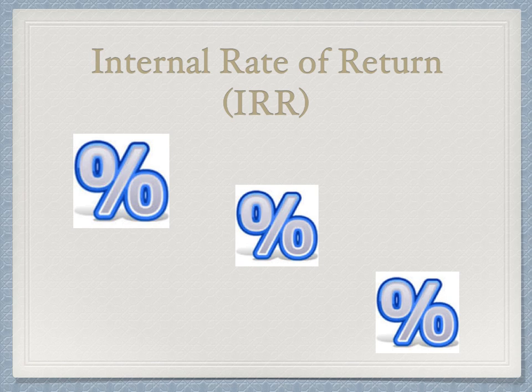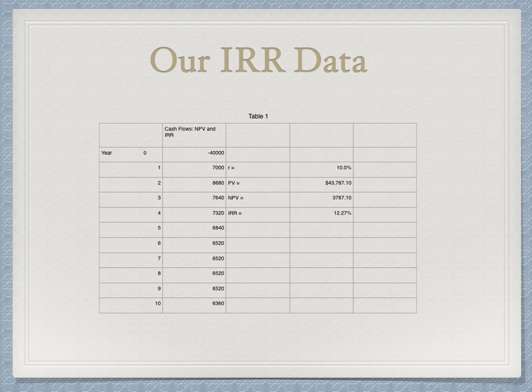In this case study that we're doing, the rate of return needed is 10%, as stated in the question. So now we look at the IRR data. I also use the Pages, the Excel version of the spreadsheet, to estimate the IRR, the PV, and the NPV, the present value and net present value.